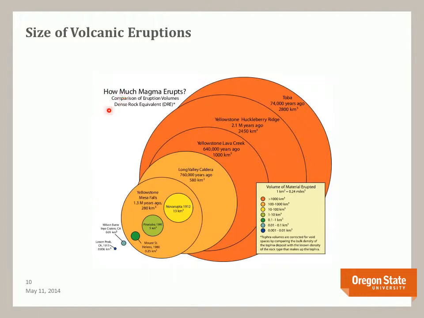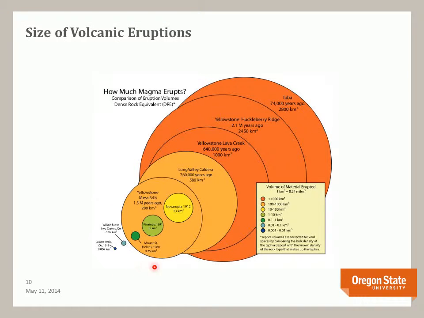The numbers here are in dense rock equivalents, so the greater the number, the more rock that has been emitted from the volcanic eruption. And the different colors show the volume of material erupted. So 1 cubic kilometer equals 0.24 cubic miles. The orange colors are huge, the blue colors are small. That's basically what we need to know.